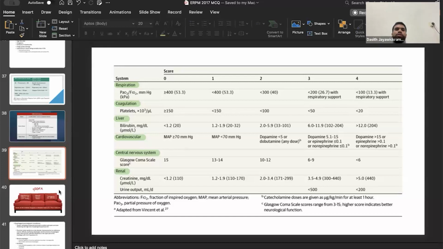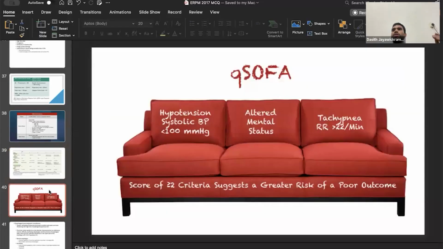We have to give the antibiotics. So for that, they have devised a bedside score called qSOFA, quick SOFA. We evaluate hypotension, altered mental status, and tachypnea. Hypotension is SBP less than 100 millimeters of mercury.